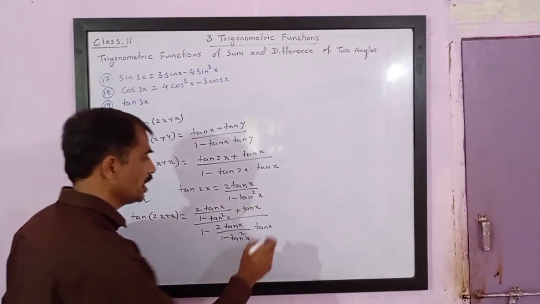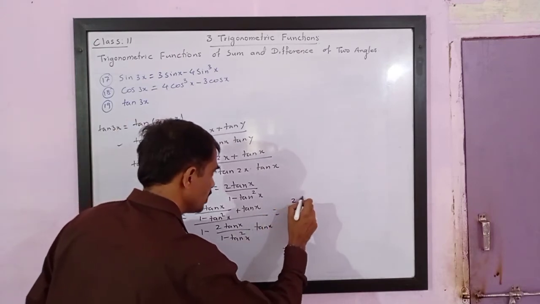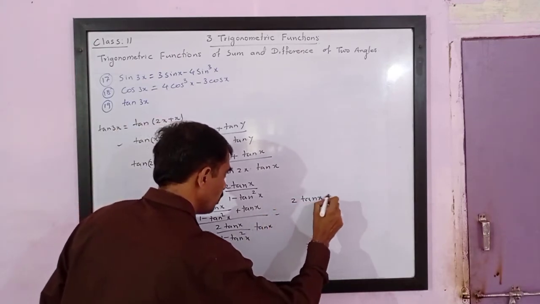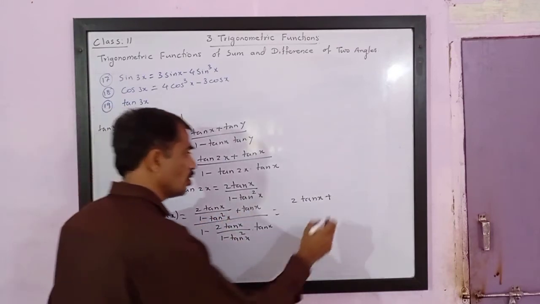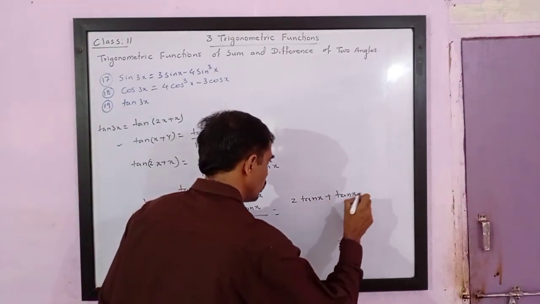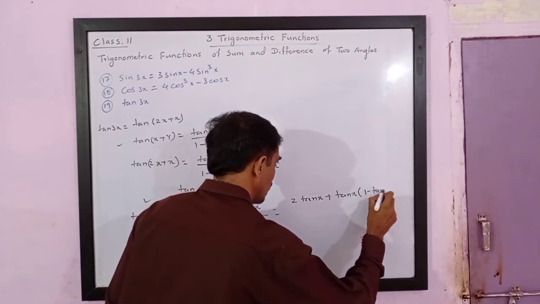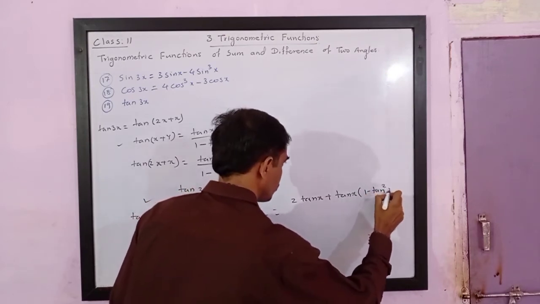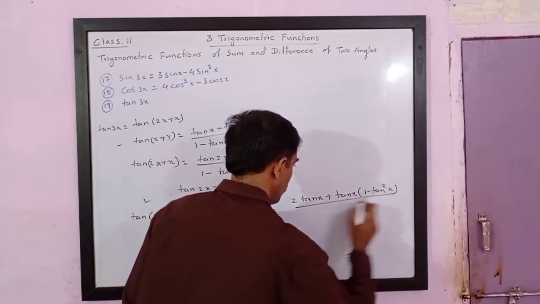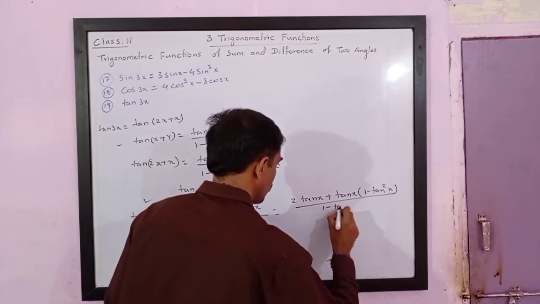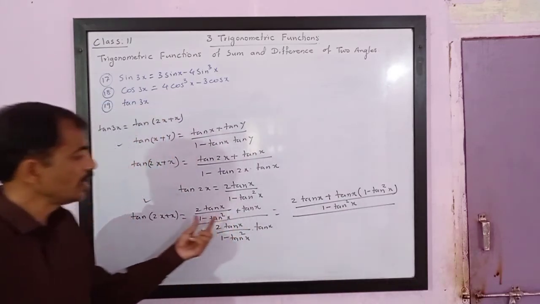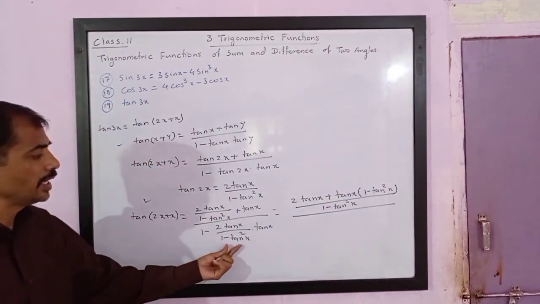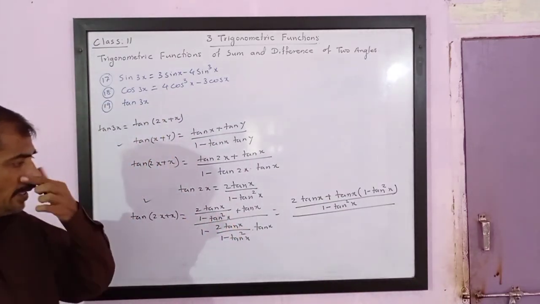If you cross multiply we will get the common denominator. So for the numerator we have 2 tan x plus 1 minus tan square x into tan x, so tan x into 1 minus tan square x, upon 1 minus tan square x. So I have just made a common denominator for the numerator. Now I am making a common denominator for the denominator as well.